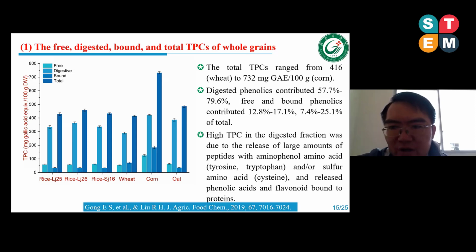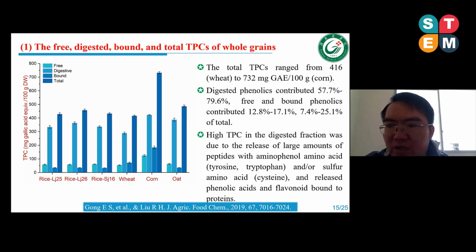Digested phenolics contribute 57 to 79%. Free and bound phenolics contribute 12 to 17% and 7 to 25% of the total, respectively.